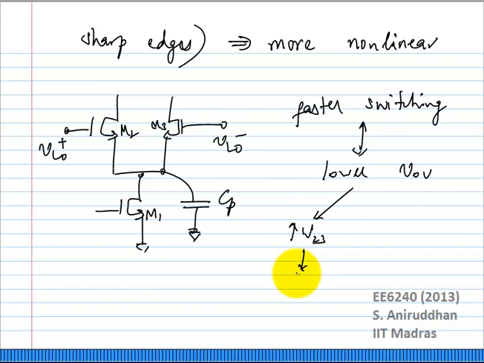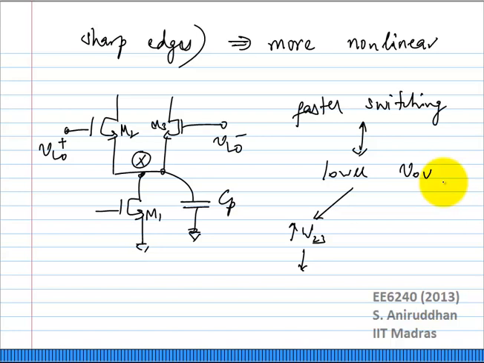Why do we want faster switching? If you have slower switching, this node X that we talked about swings a lot more. Anything else? What happens to your conversion gain? If you have slower switching, there is a larger and larger region where both M2 and M3 are on at the same time.